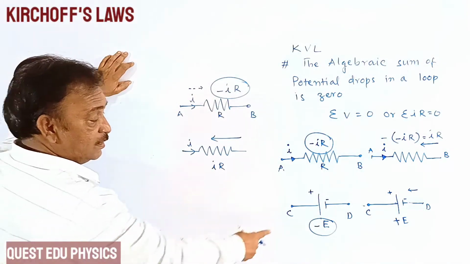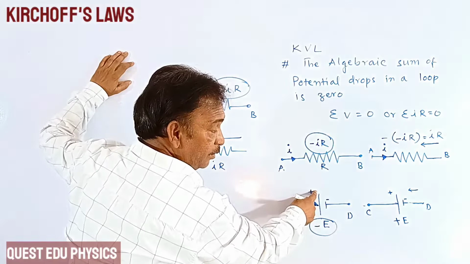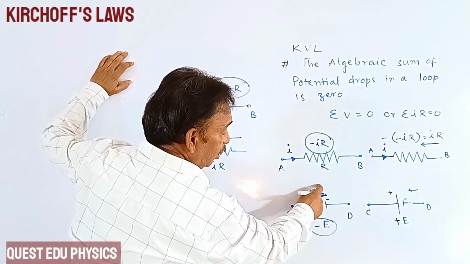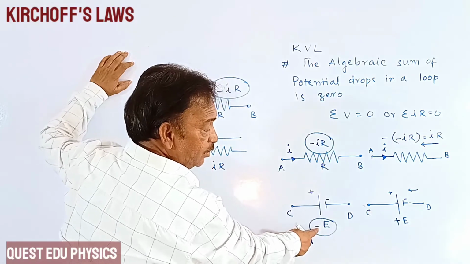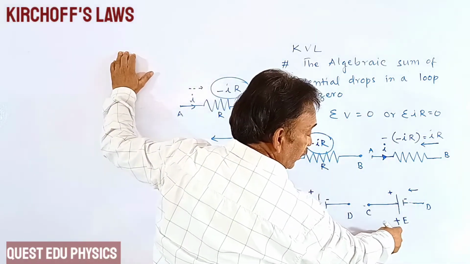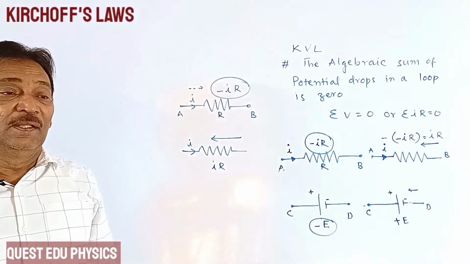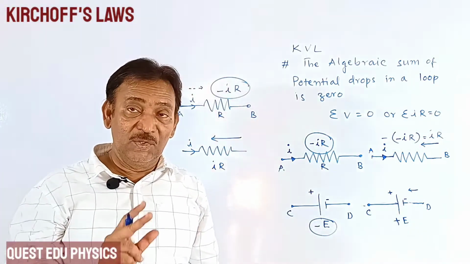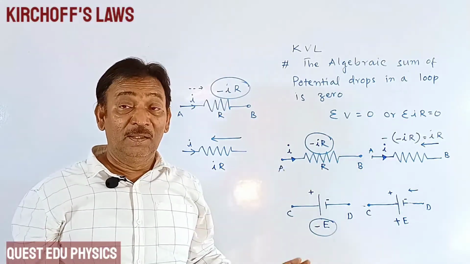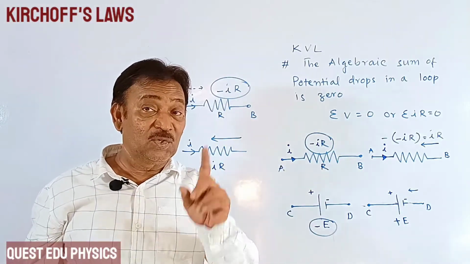And see here, it is the positive terminal and the negative is at the lower potential; you are losing, that's why it is taken as negative. Then here, you are moving in this way, you are gaining, that's why it is taken as positive. This sign convention is very important to understand Kirchhoff's voltage law, students.